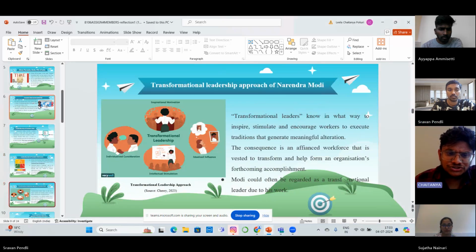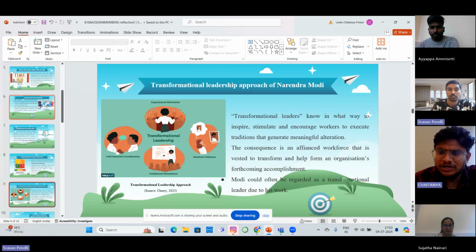Transformational leadership approach of Narendra Modi. The reasons he could be considered a transformational leader are his vision and understanding. Modi ji's vision for the future of India extends beyond economic affluence, with a promise of social presence, ecological sustainability and technological development.